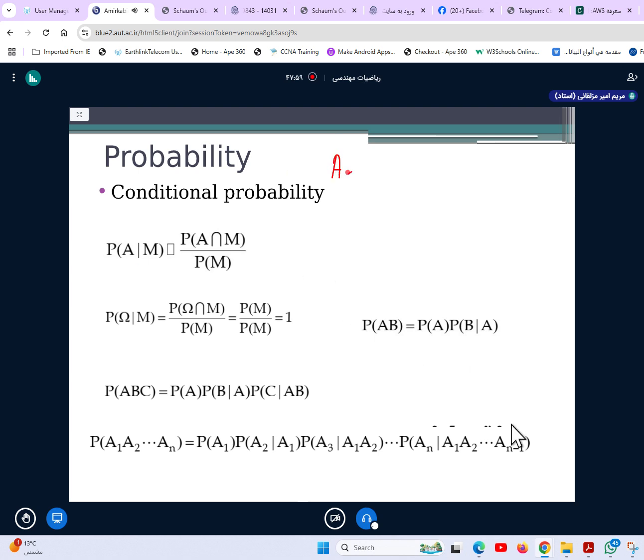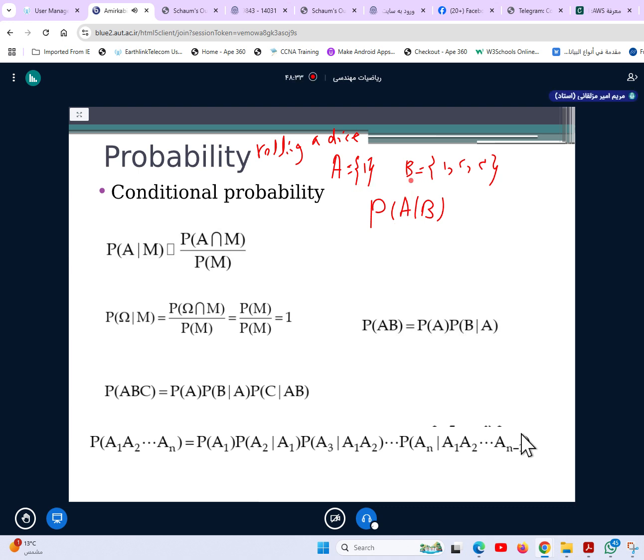For example, in rolling a dice, assume A is {1} and B is {1, 2, 3}. The probability of A given B means that if we know that B has happened, what's the probability of A?